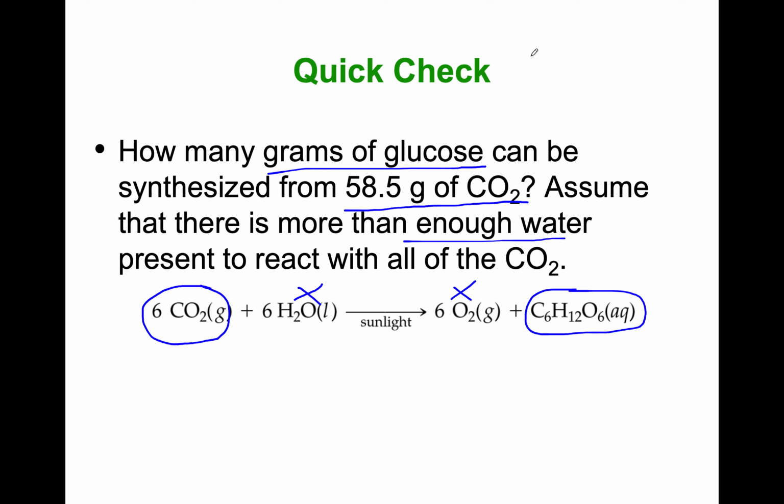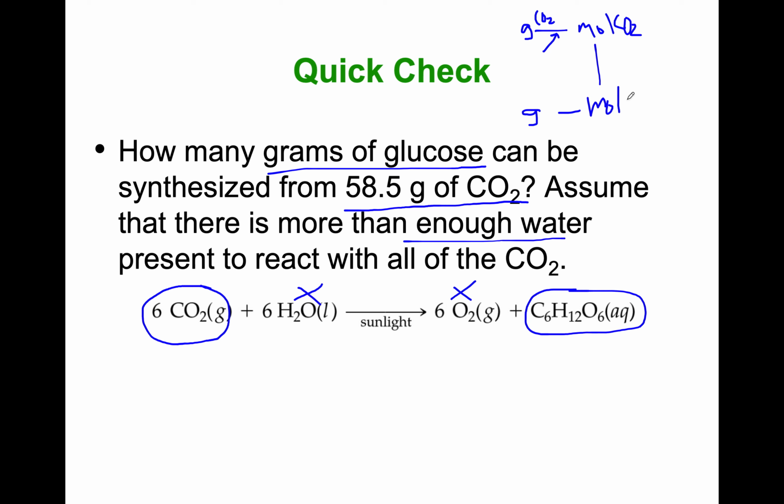So, remember, roadmap: grams, moles, moles, grams, and in this case, this is CO2. So remember, this is molar mass right here to get from grams to moles.